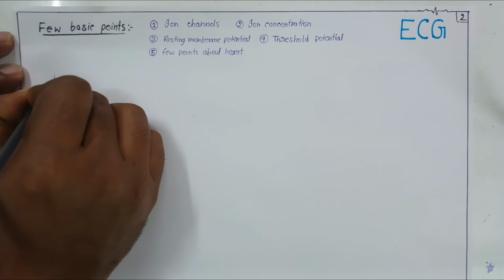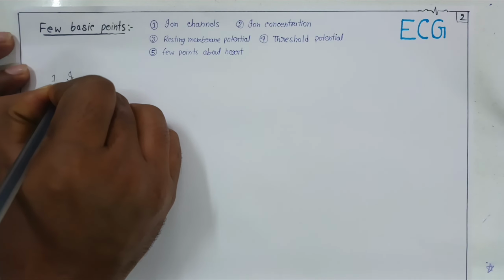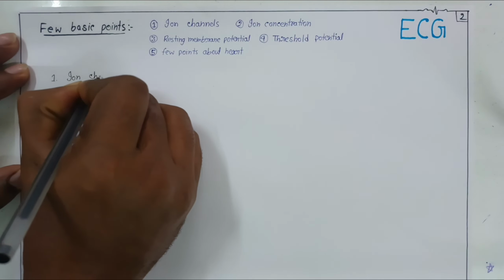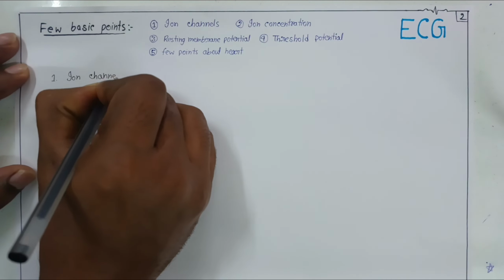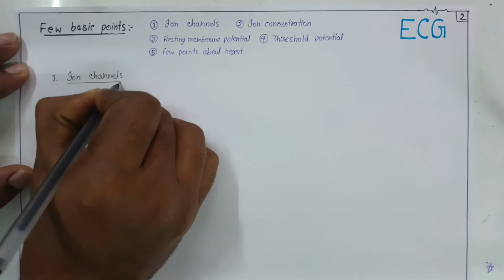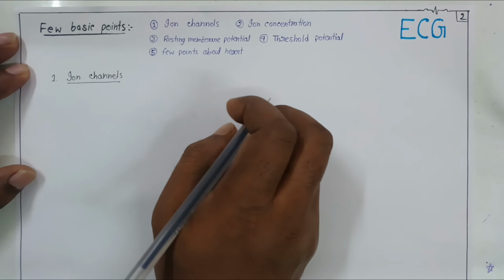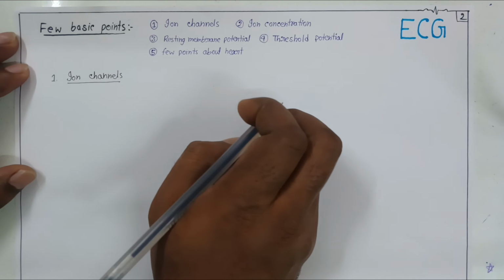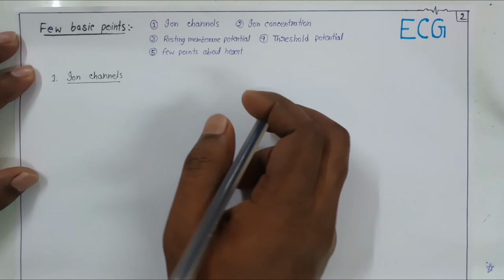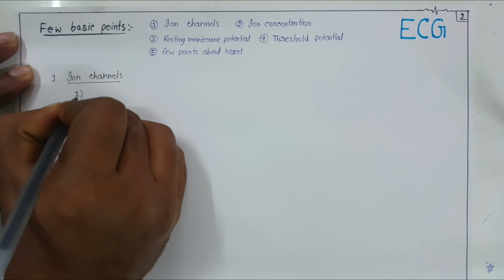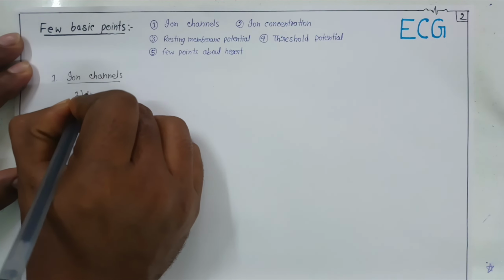Number 1, ion channels. There are 3 ion channels we must know to understand the ECG. Number 1, voltage gated sodium channel.